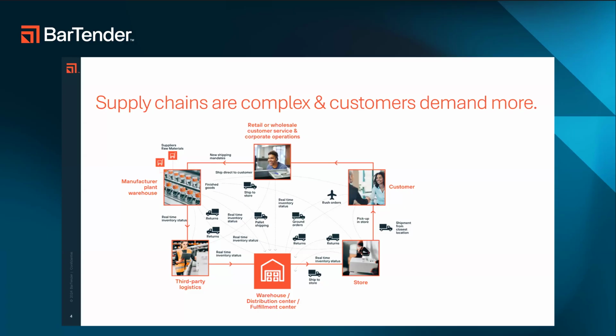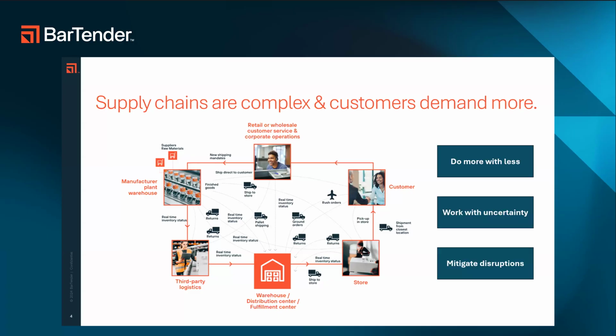And as supply chains are becoming more intricate and trying to meet those customer expectations, those customers are continuing to demand more and more, leading to major challenges across industries. You're expected to accomplish more with fewer hands to support you. You're having to work with little to no certainty of your inventory. And between all of that, you need to quickly resolve those disruptions as they arise.